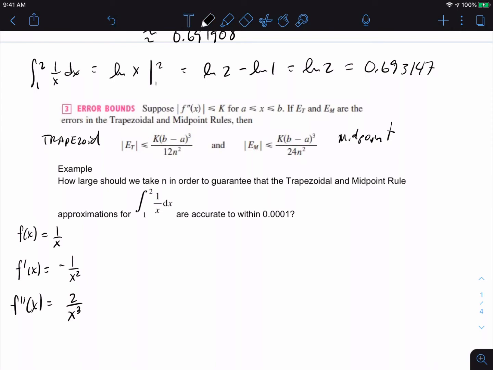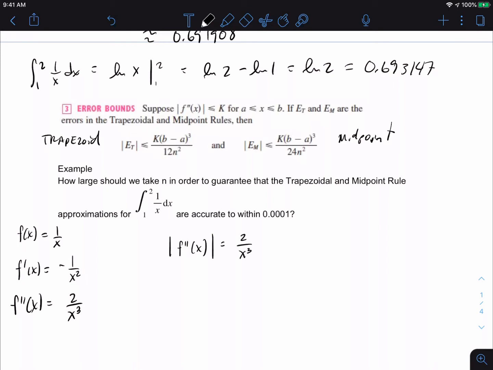what I'm going to do is I'm going to go see if I can find what my k is, okay, for this problem. So I'm going to go, okay, the second derivative of x, the absolute value of the second derivative, is going to be equal to 2 over x to the third.